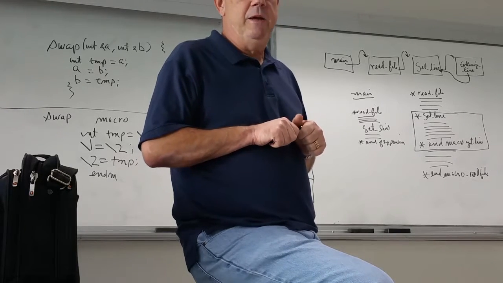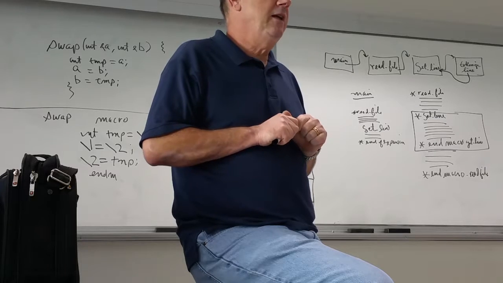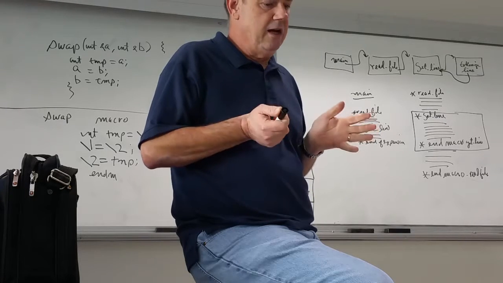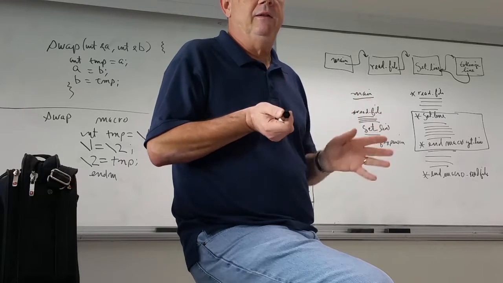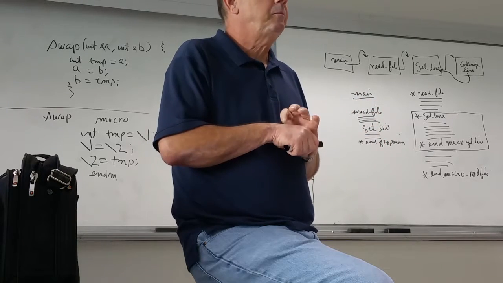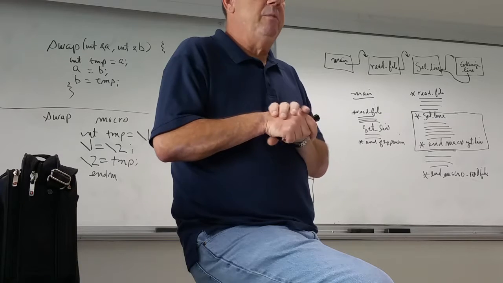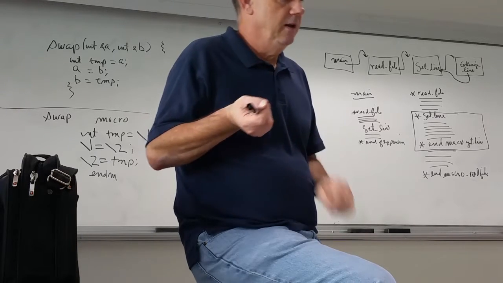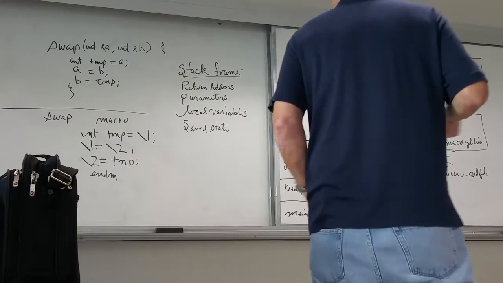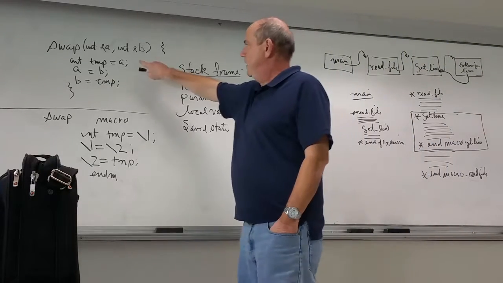A lot has been done to optimize subroutines because we do it all the time. And we wouldn't even think of writing code without methods. That would be crazy. But understand there's a performance cost associated with jumping. So the swap method here, we've got 3 lines of code.